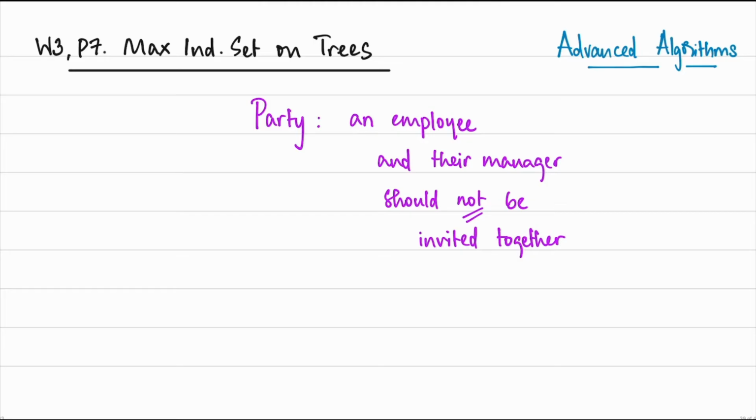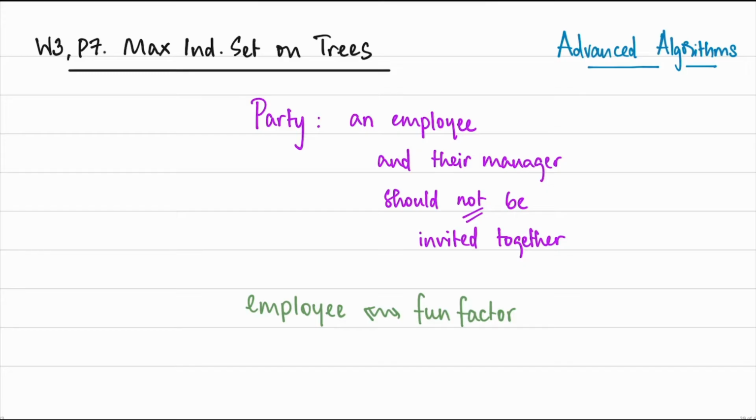Now, let's say that each employee has a fun factor associated with them, which is basically how much life they bring to the party. It's some sort of a quantification of that.